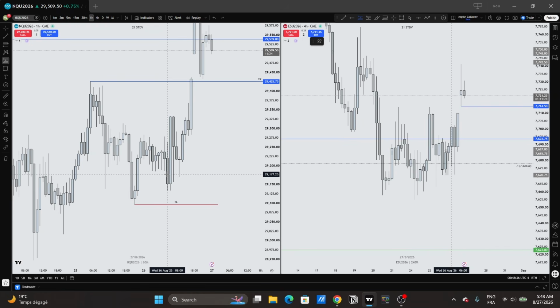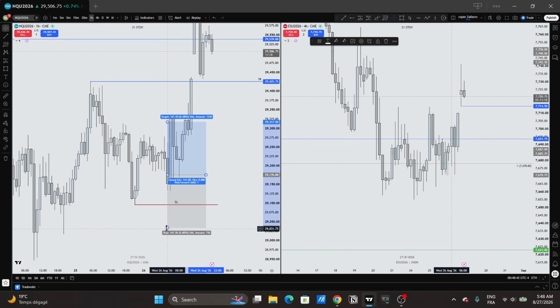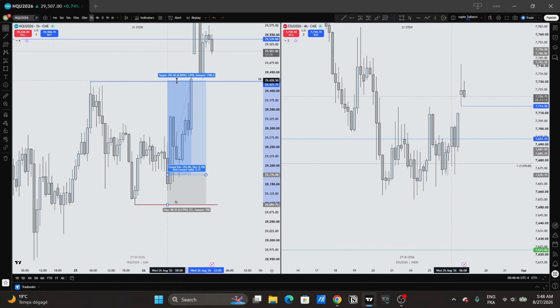And for example, my trades, I don't take any trade that is less than 3 RR. So basically, I put my TP and SL tool and I put 3 RR, which is here.